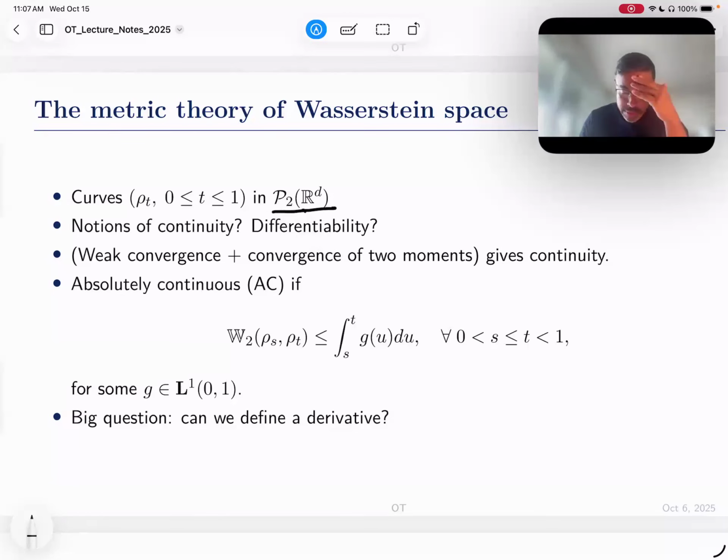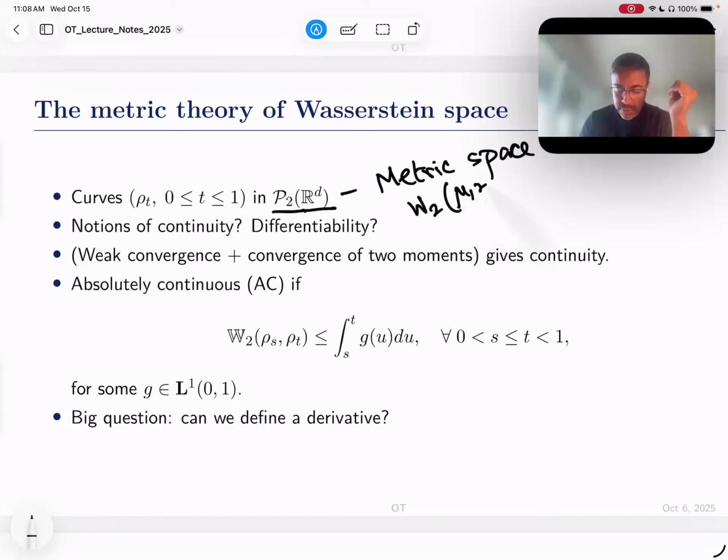What does this mean? These are Borel probability measures that have finite mean and finite variance, or in this case, because they're vector-valued random variables, finite mean and finite covariance matrices. This P2 of R^d is a metric space, and the metric is the W2 distance.